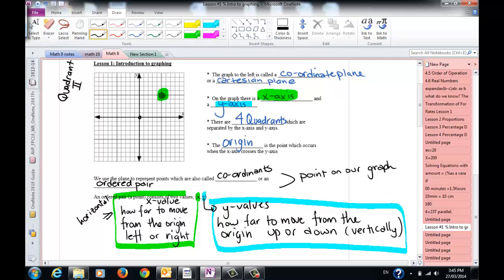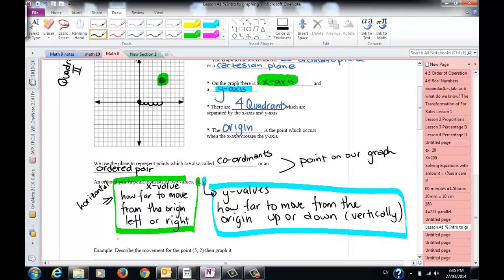If I started at my origin, remember our origin is our bullseye, notice that what I've done is I've moved 1, 2, 3, 4, 5 to the right. So maybe I'll write it down here. First I went 5 to the right, and then I'm going to go 1, 2, 3, 4, 5 up.